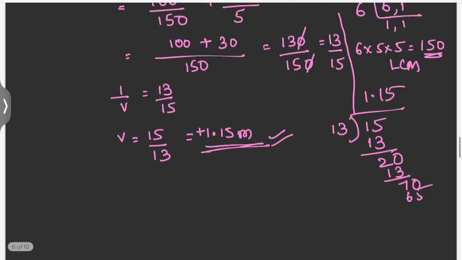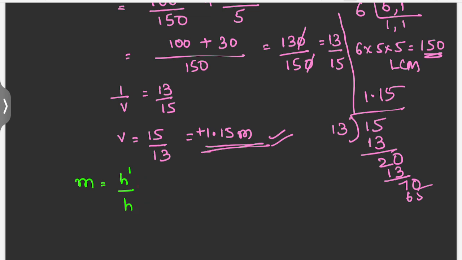Now let us calculate its magnification. The magnification formula is M is equal to H dash divided by H. We can use this formula if the H dash and H values are given. But here the H dash value is not given and the H value is also not given.